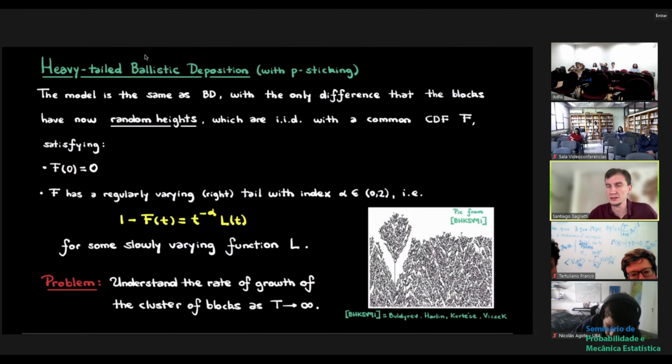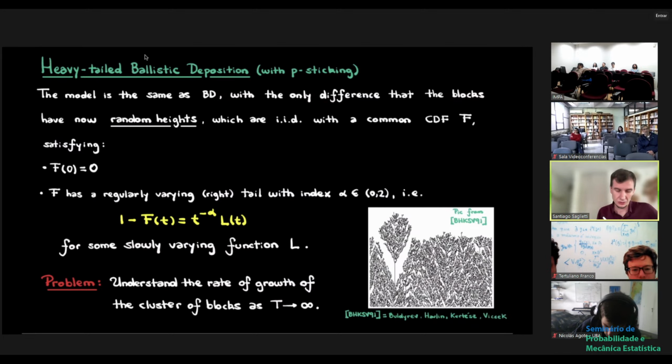First, this distribution function is going to be 0 at 0. So that means that all blocks will have a strictly positive height. And moreover, the heights of the blocks are going to be heavy-tailed.